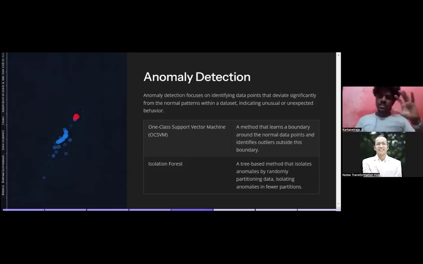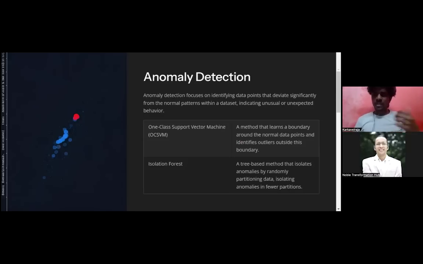It is a continuation of the previous session, where we introduced the concept of what unsupervised learning is, its types, and briefly talked about clustering and dimensionality reduction. Now we're going to talk about anomaly detection. What is anomaly detection? It focuses on identifying a data point that deviates significantly from the normal pattern within a dataset, including unusual or unexpected behavior.